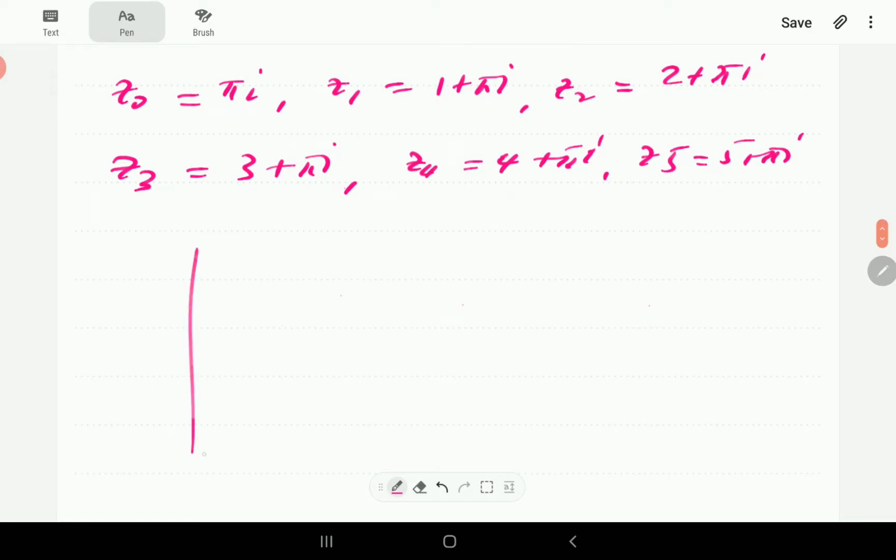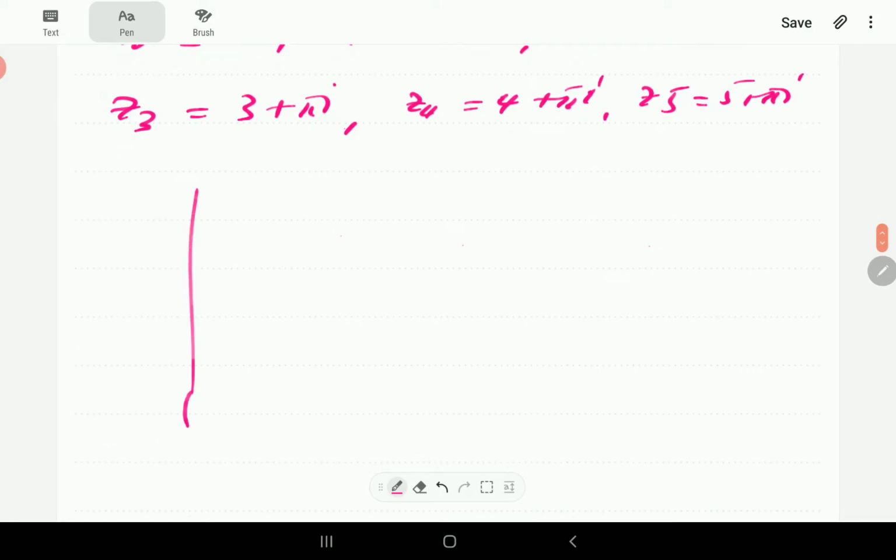So let's just make a sketch of where these numbers are going to be located on the complex z plane.